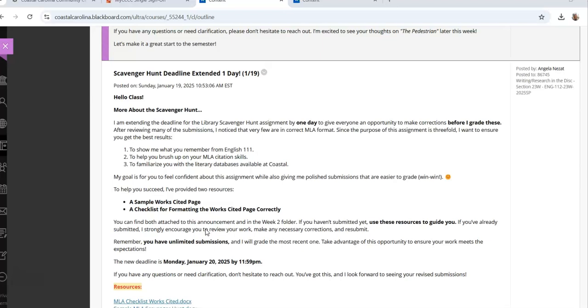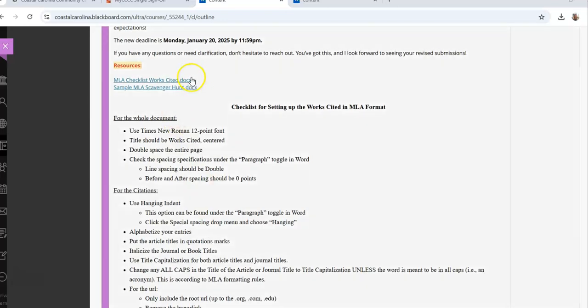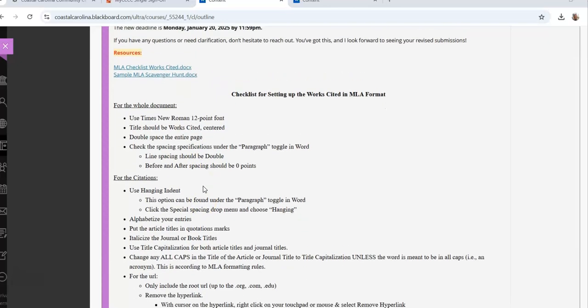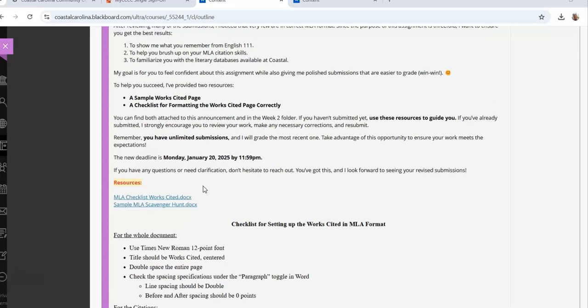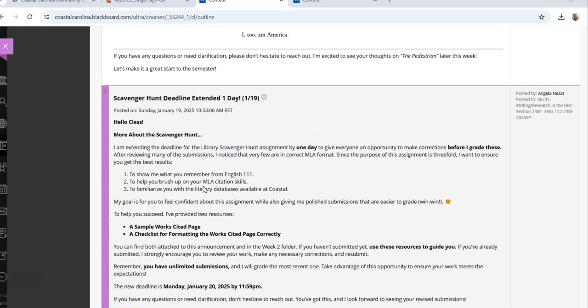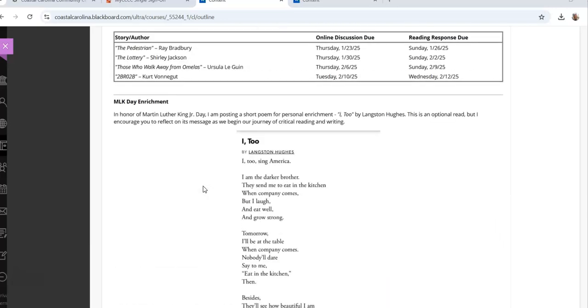You will need to be able to use the literary databases available at Coastal for this paper. So I'm giving you the opportunity to use this checklist, and I have it here in a document with a sample that is in 100% order. And then I have the checklist repeated right here. So you can go and check. You have till the end of Monday today to do that.